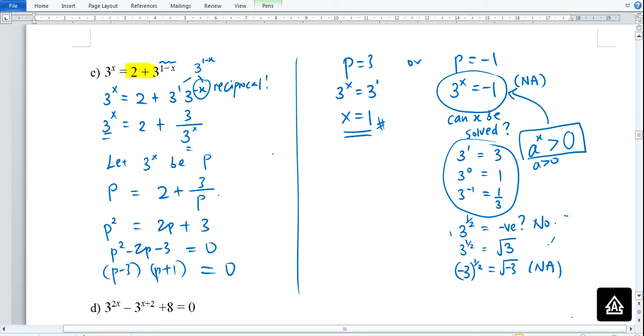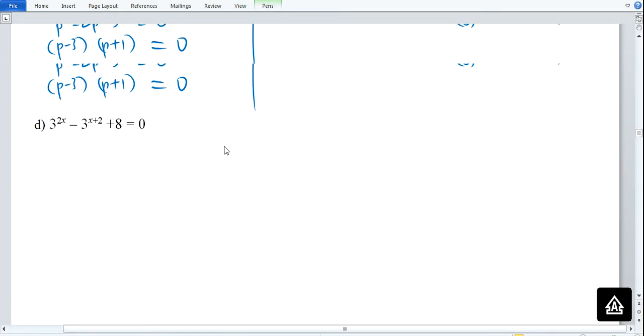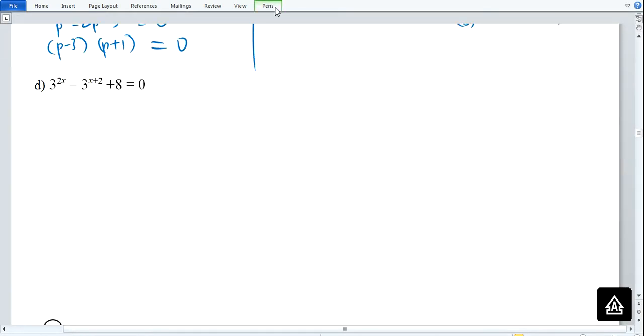Now, let's look at the next question again. For the next question, same trick. I can see this as 3 power x squared minus 3 power x times 3 squared plus 8 equals 0. So I can replace 3 power x again.